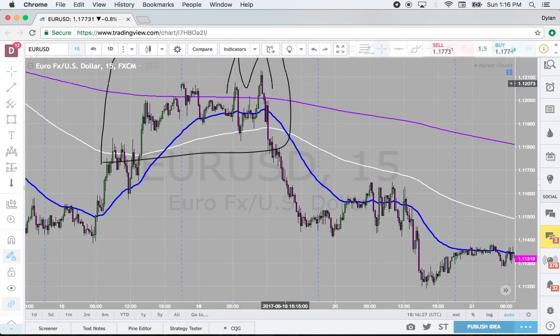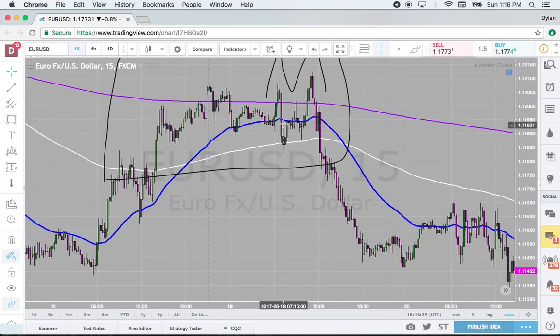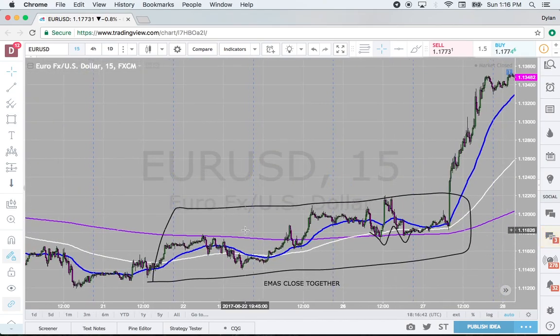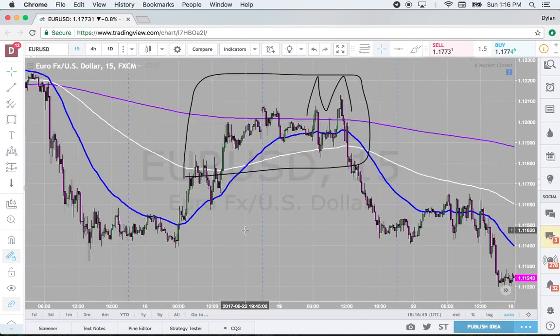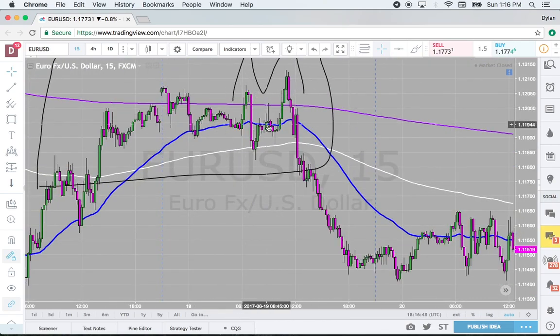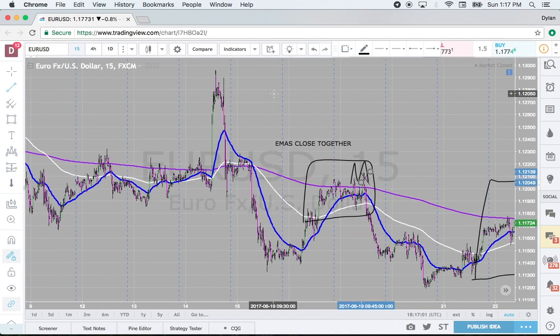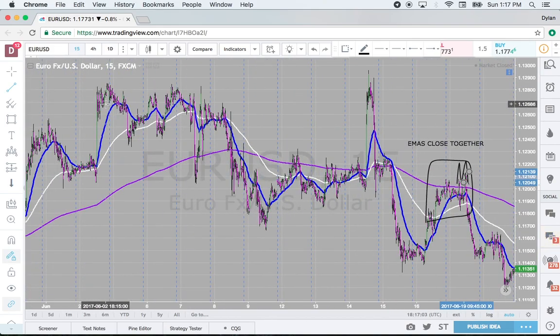So here's an M formation that happened above all EMAs at the high of the day as well. Now when this happens above all the EMAs, or a W formation like we talked about previously, the M formation above all EMAs is a confirmation that price will reset or continue in its downtrending movement.